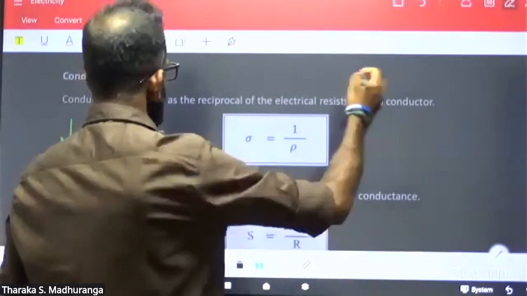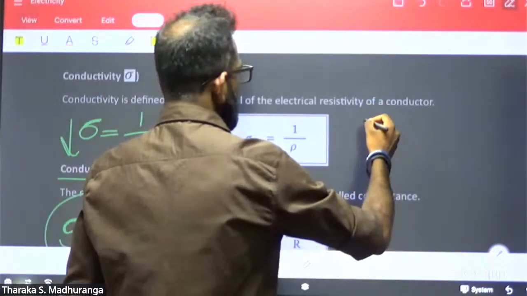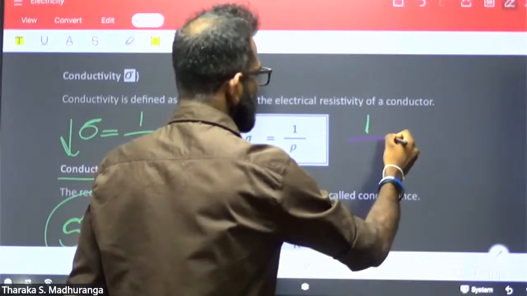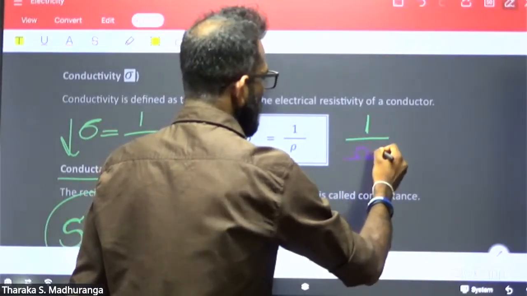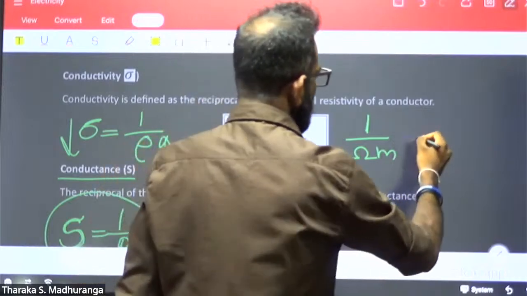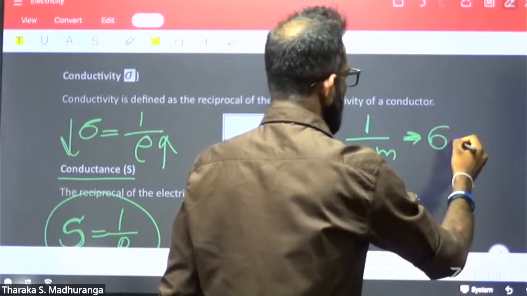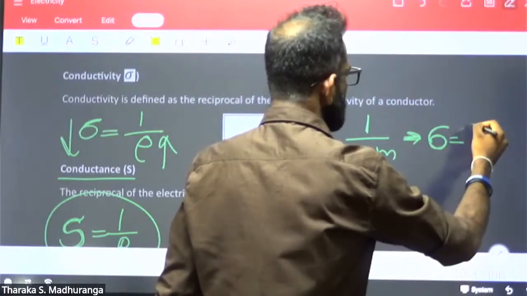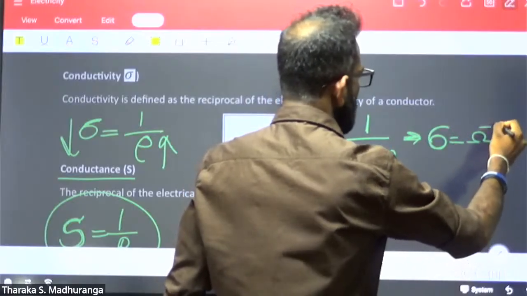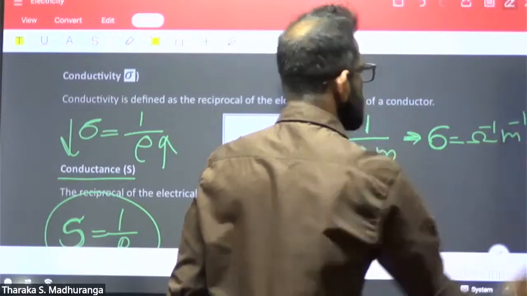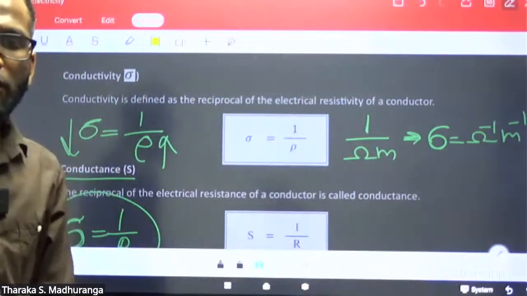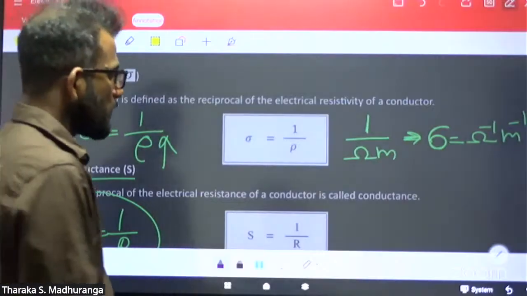The resistivity standard unit is ohm meter. Then the conductivity, sigma, standard unit is ohm minus 1 meter minus 1.